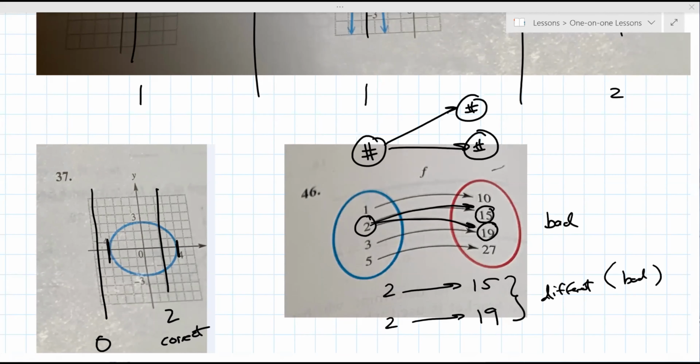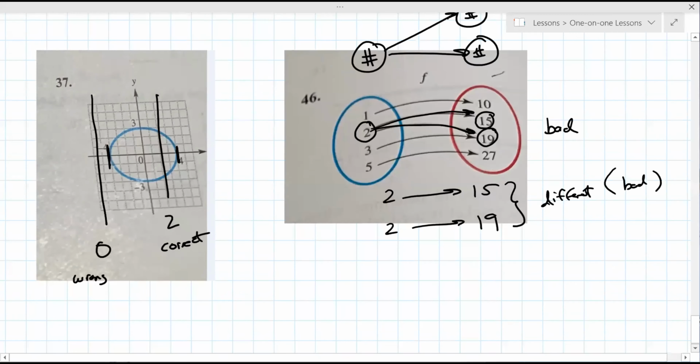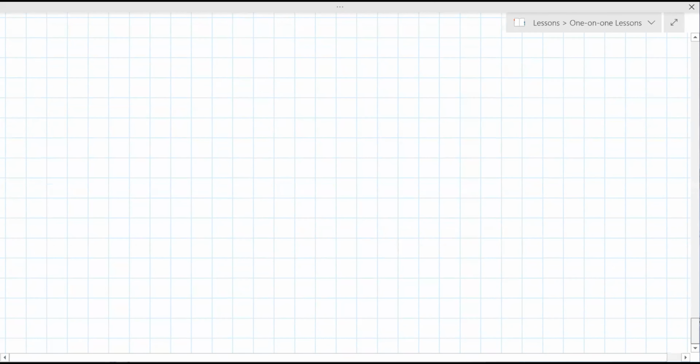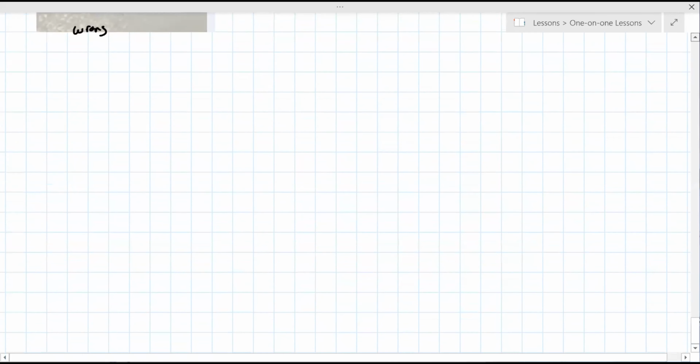Let's move on to number 53. So this is find f of x at the indicated value of x. This is asking you to put the value of x into the function. So you're literally just replacing x with that number.